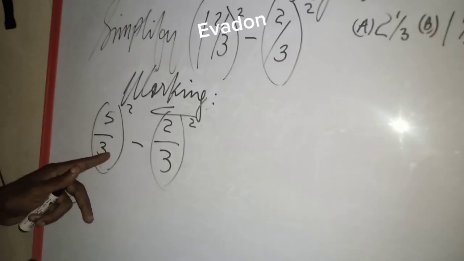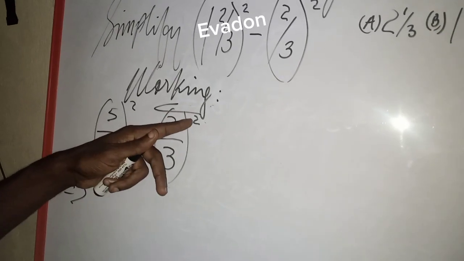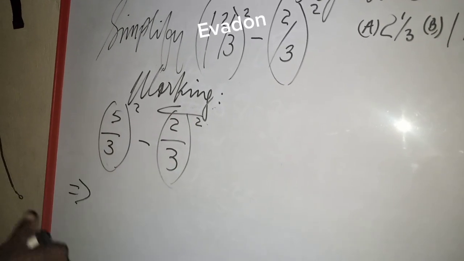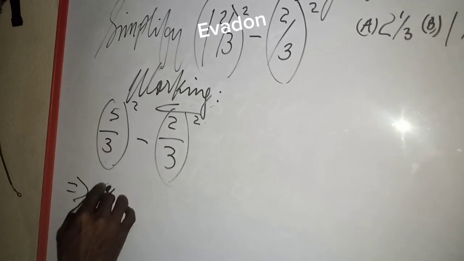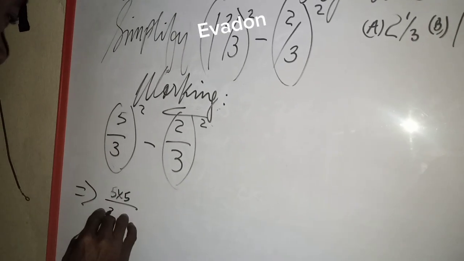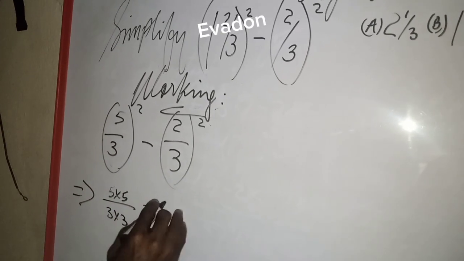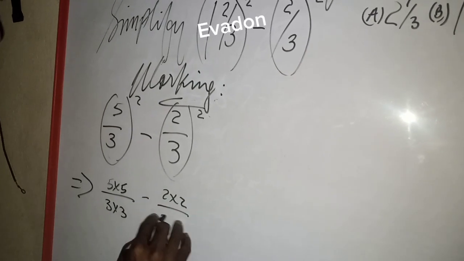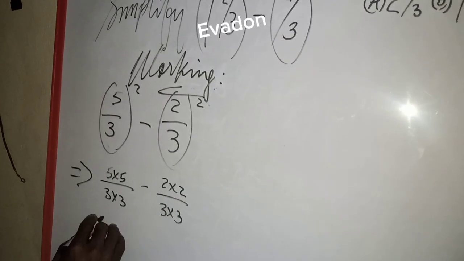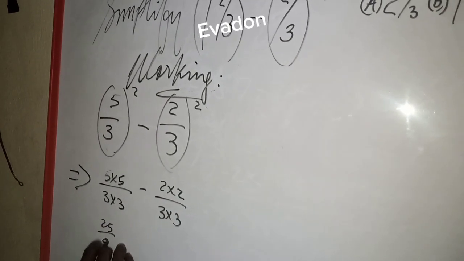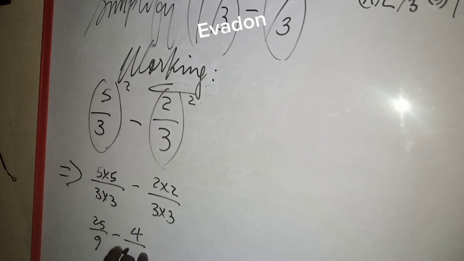So we have 5 squared over 3 squared, as well as 2 squared over 3 squared. That is 5 times 5 over 3 times 3 minus 2 times 2 over 3 times 3. That gives me 25 over 9 minus 4 over 9.